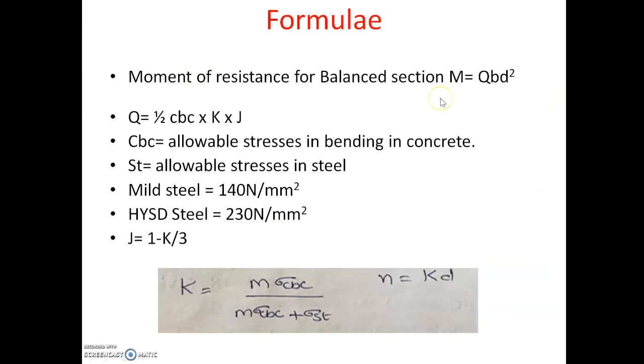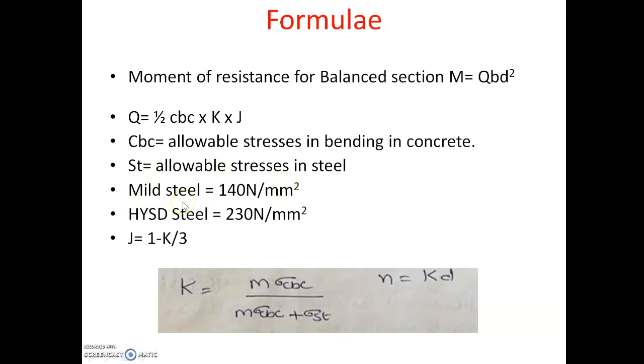Moment of resistance for a balanced section M is equal to QBd square. Q is the factor of bending moment, that is half into sigma CBC into K into J. In this case, K is the neutral axis factor, sigma CBC is the allowable bending stress in the concrete, and sigma ST is the allowable stress in the steel.